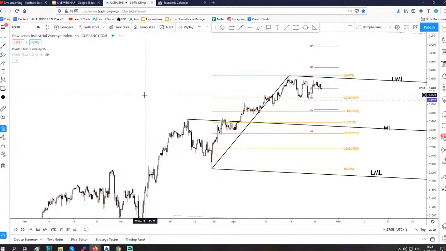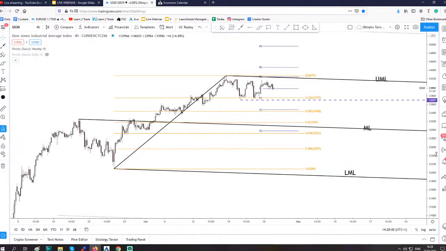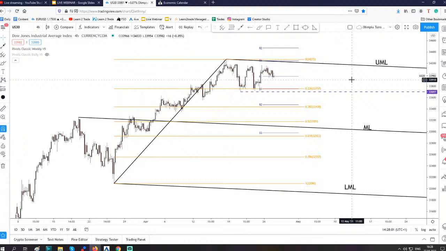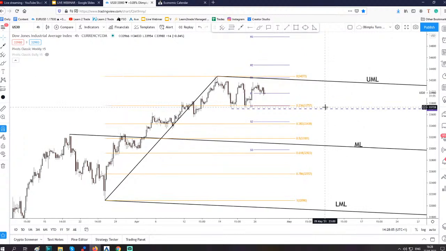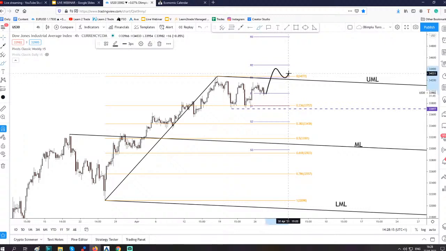the price continues to move sideways, as I told you on my previous live webinar on Friday. So I told you that a potential valid breakout here could signal further growth, and that a potential valid breakdown here below 33,697 could signal a temporary decline.